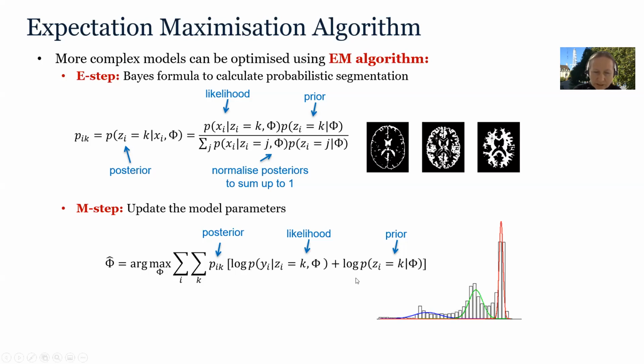And from these, we can then calculate the optimal model parameters. This expression is really a lower bound to the maximum likelihood objective, and it can be used to maximize this objective indirectly.